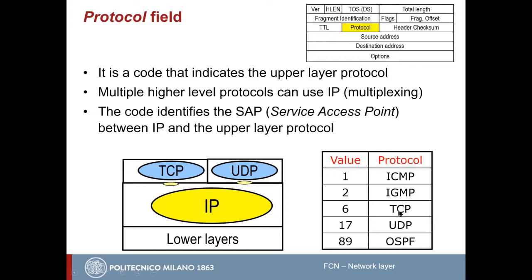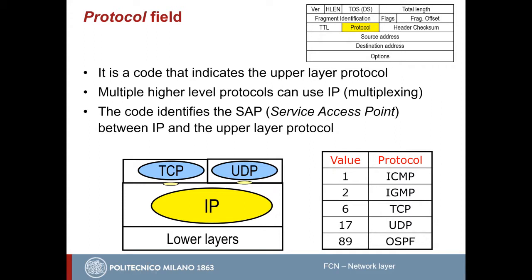For example, you find TCP and UDP, as we said. You find also ICMP, which we will talk about, which is a management protocol, and for example OSPF, which is a routing protocol. They all exploit IP directly in order to carry data, so OSPF and ICMP do not use a layer 4 protocol.